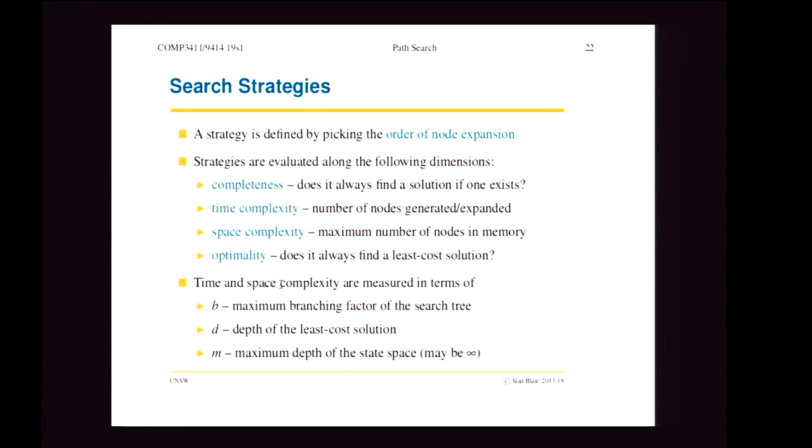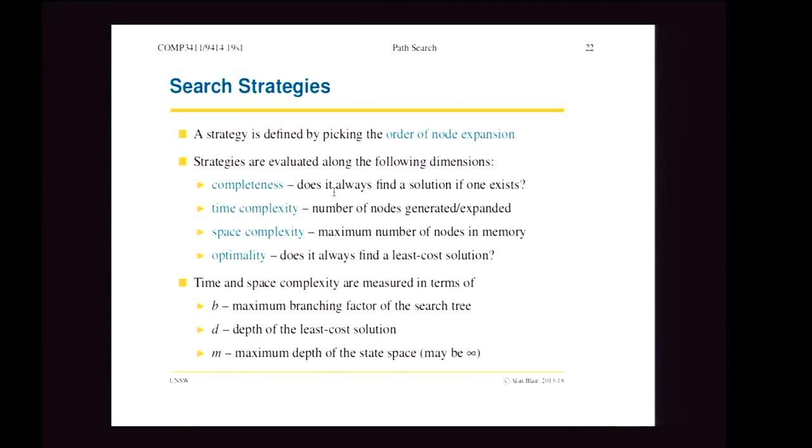We're going to compare them along four different measures: completeness, optimality, and time and space complexity. Completeness says, is this guaranteed to find a solution assuming one exists?